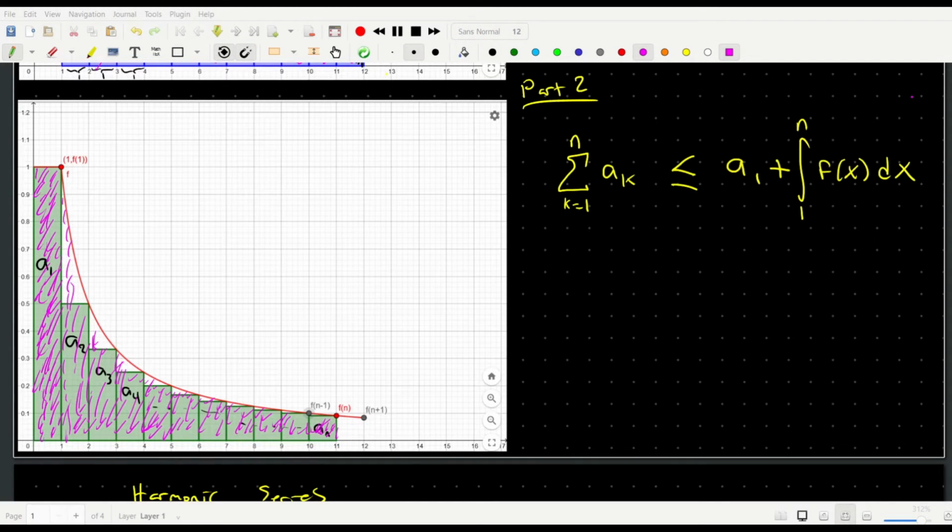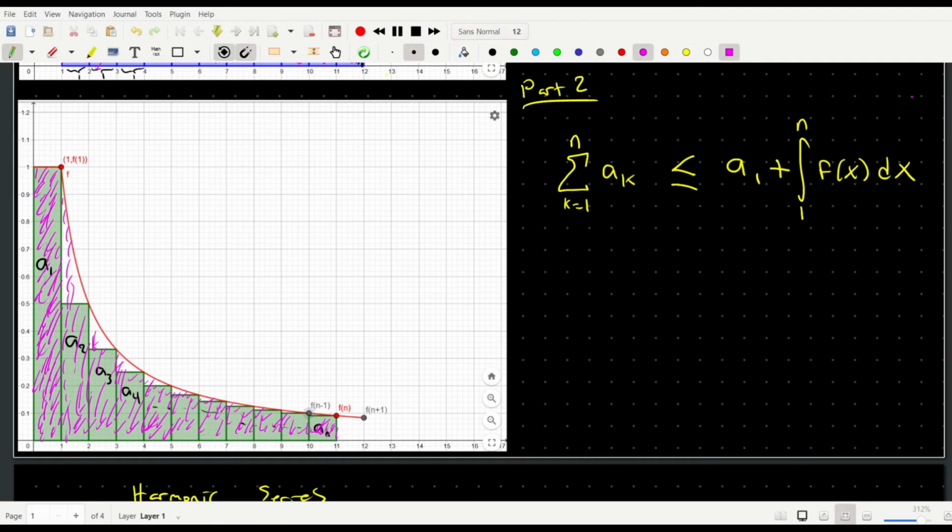But so we know that this pink area right here, or the value of the area of this first rectangle, plus the proper integral from 1 to n of this function f of x, this pink area right here, is always going to be greater than or equal to the sum of each one of these sub-rectangles, because they're under this function.